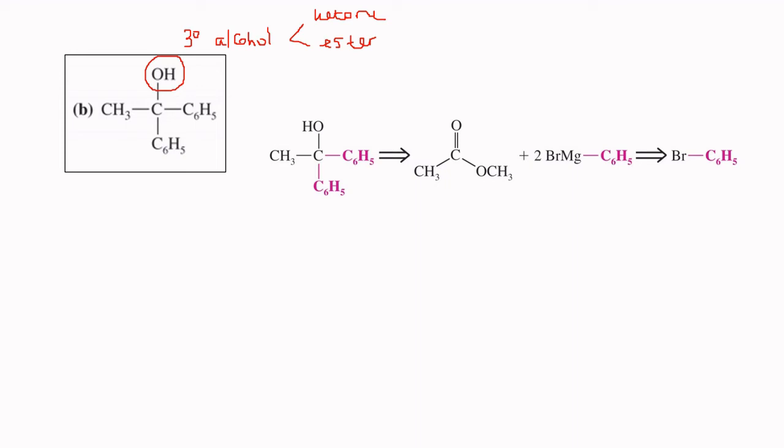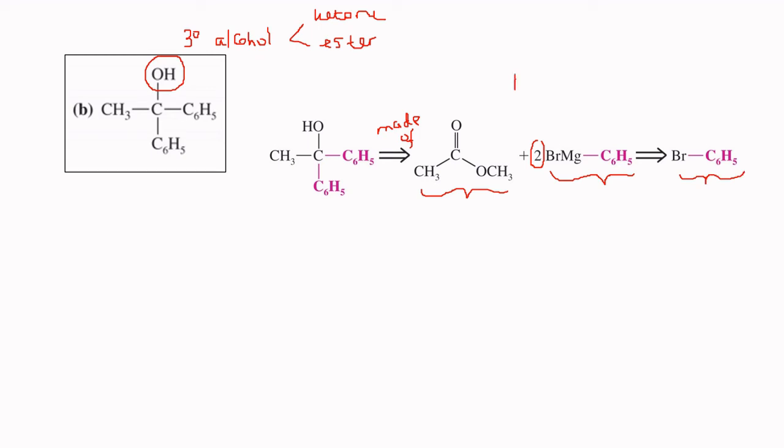So this is the compound. This arrow means made of. Okay, this is an ester, and you know that when we have an ester, if we want to react a Grignard reagent with the ester, we need 2 equivalents of Grignard reagent. This Grignard reagent can also be made from an alkyl halide.